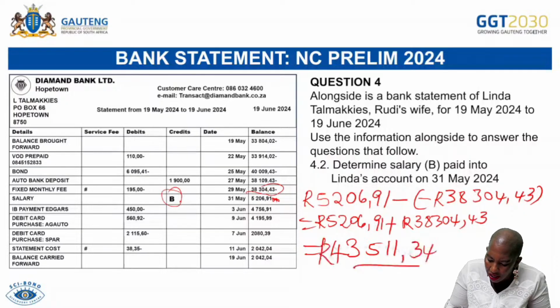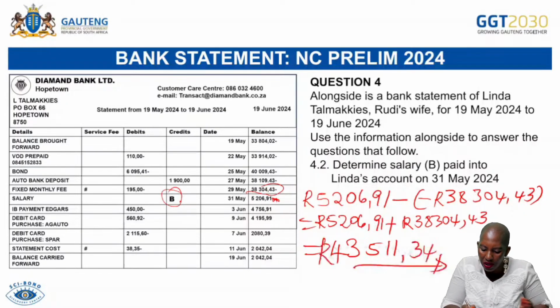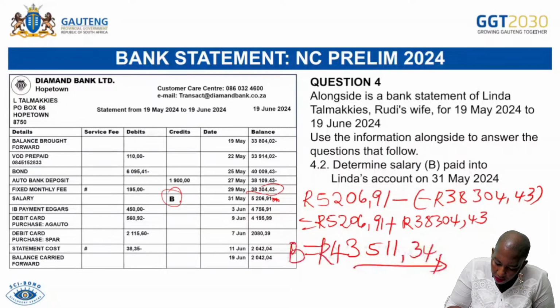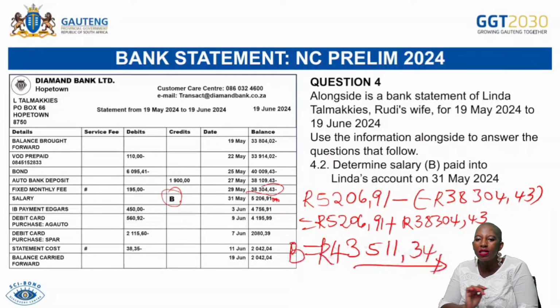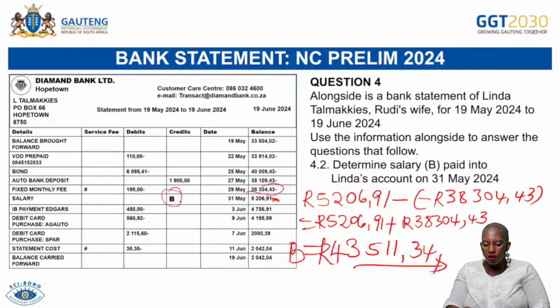So boys and girls, you see, this is the value of B, because that is the salary. Boys and girls, when you do financial documents, you just need to interpret the document as you see it. The answers are all there.